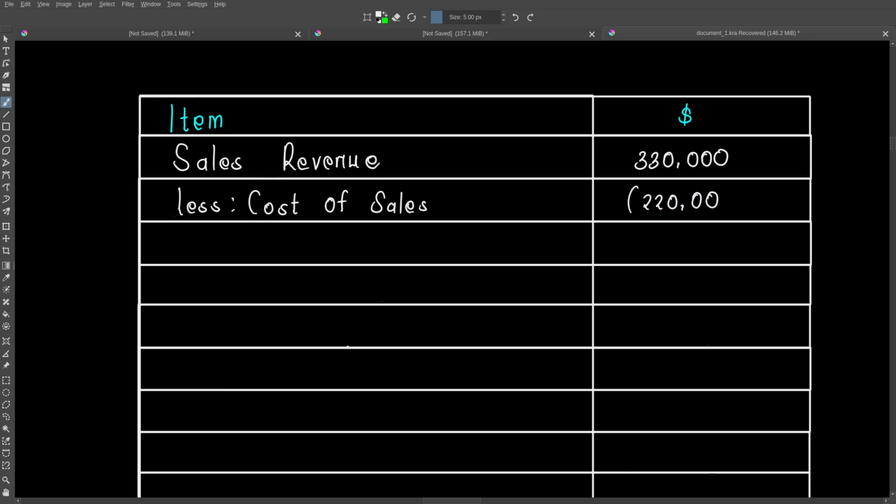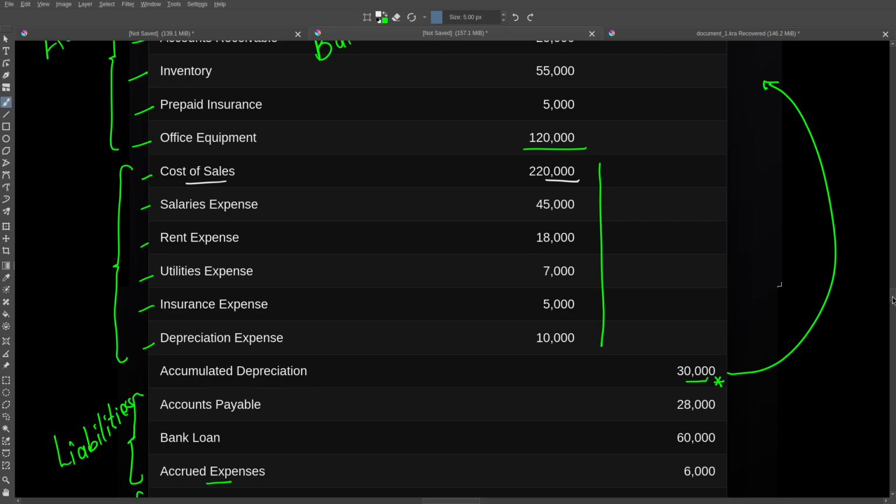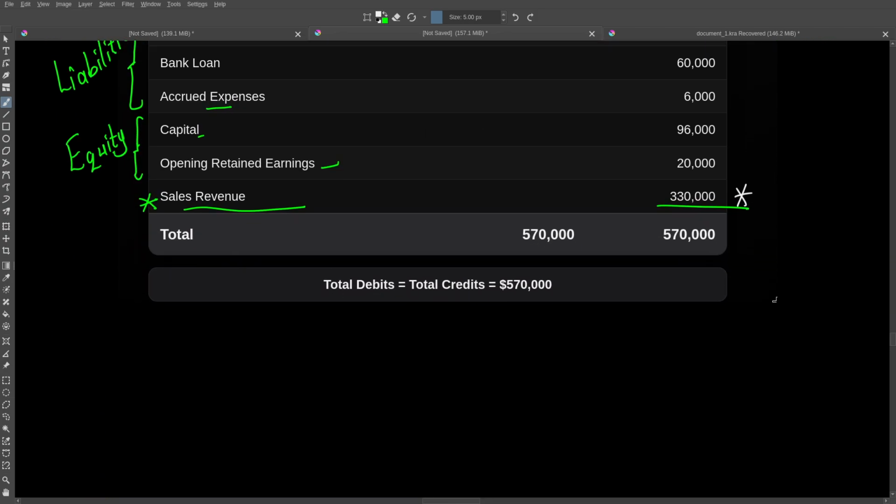In some instances, you will not be given this. You will have to calculate it by yourself. Sometimes you are given a scenario where, for goods, you have been given the opening inventory. These are the goods that were there at the beginning of the period, and then you're given the purchases.